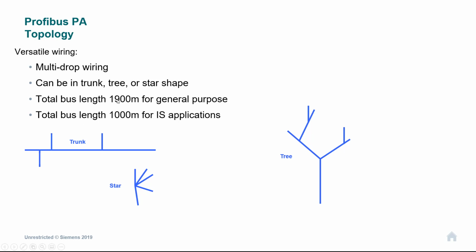It's flexible with the bus length, so 1900 meters. If you were to compare that to Profinet or Ethernet, don't forget we have our 100 meter limit from each Profinet device. So this is a lot more flexible, and it's still powering the instruments over the bus.